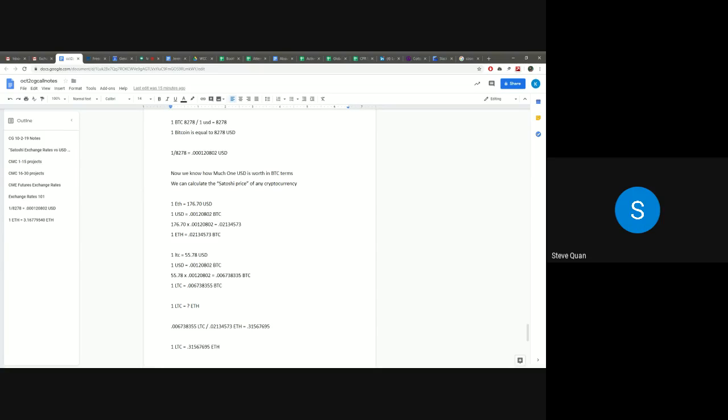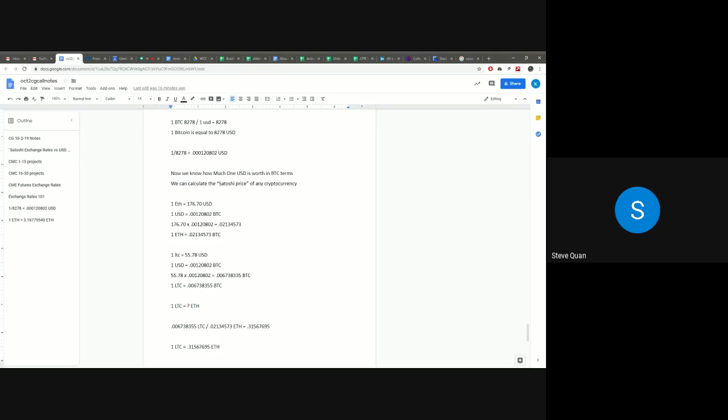So multiply the dollar amount by the Bitcoin Satoshi, by the US dollar Satoshi amount, you get the Ethereum Satoshi amount. And we do the same thing with Litecoin. 1 Litecoin equals $55.78, but that's actually 10 million. I should have moved the decimals all the way out.